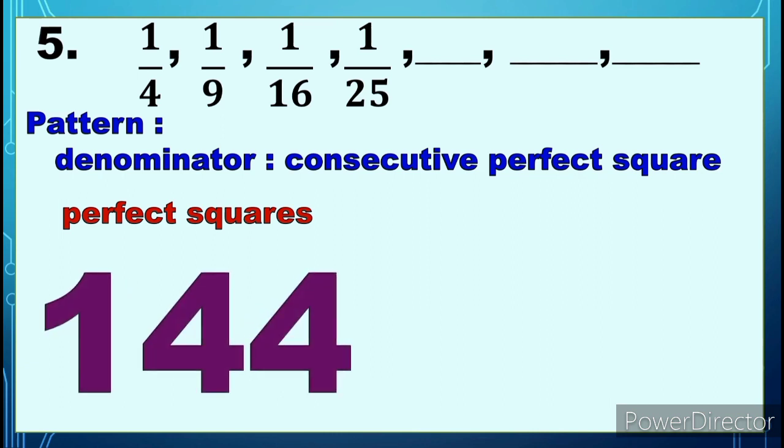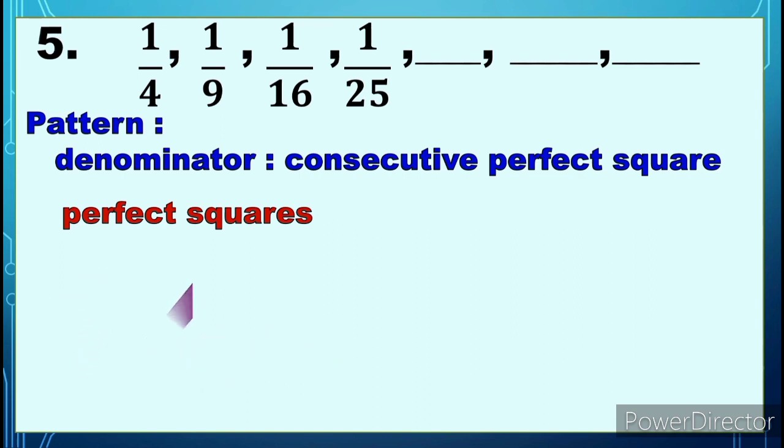So again, the definition of a perfect square is a number that is the result of a number multiplied by itself.